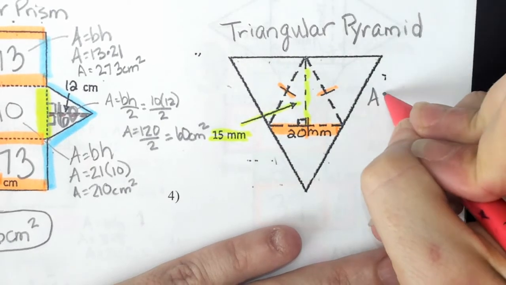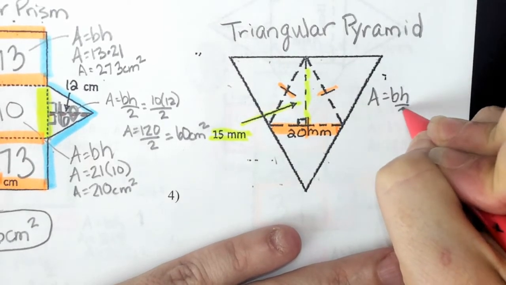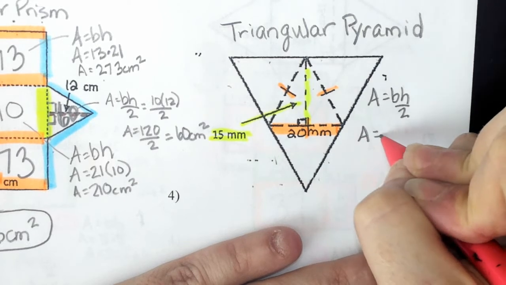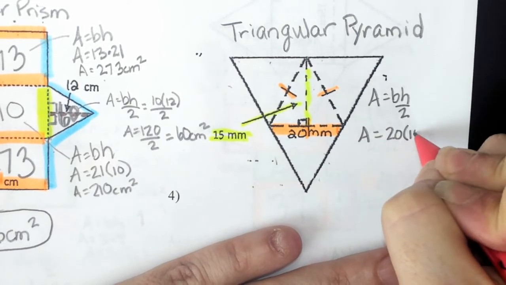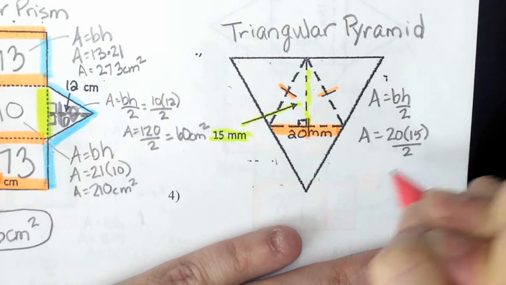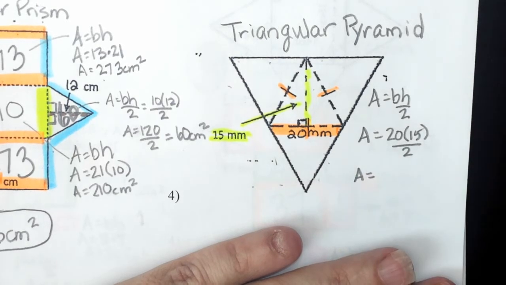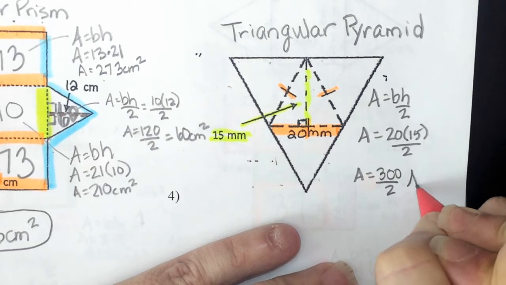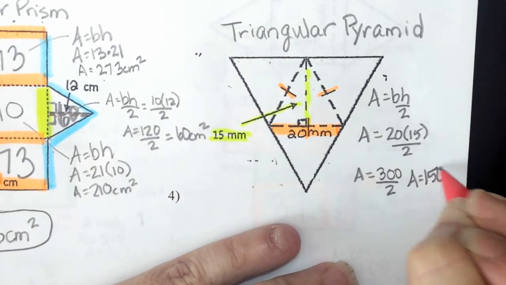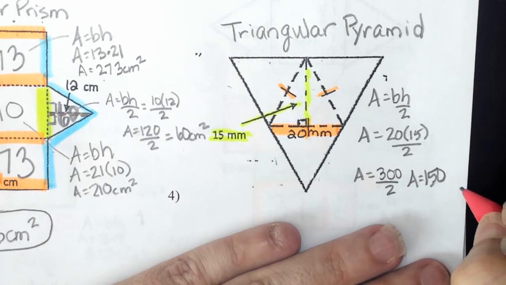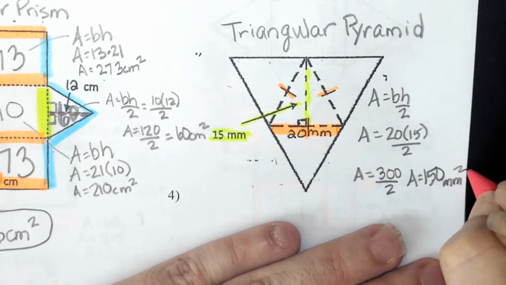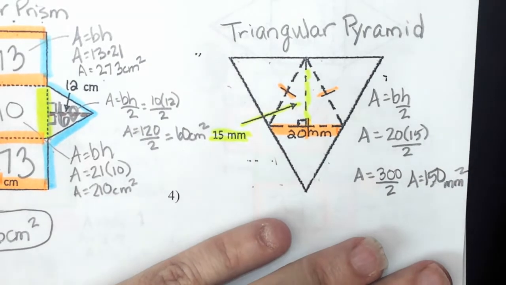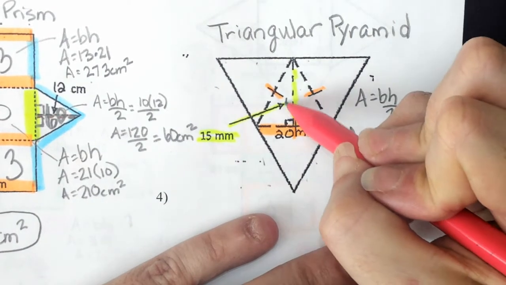So luckily it's just one triangle that we got to do the formula for. 20 times 15, 300. Half of that is 150 millimeters squared. Okay, now 150 is one triangle.